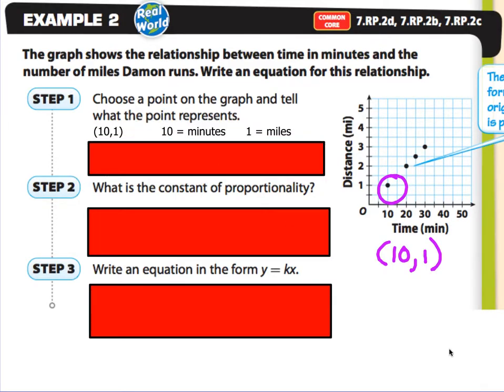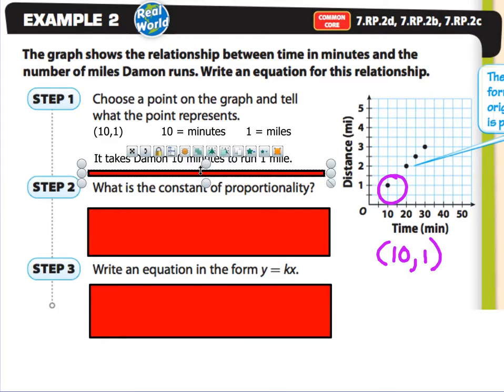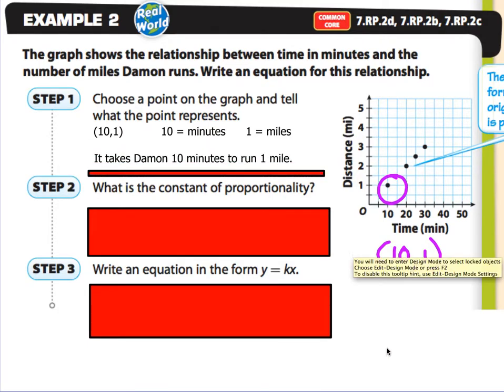So here I know that 10 is labeled minutes and 1 is labeled miles. So in 10 minutes, Damon can run 1 mile. That's what that point represents: it takes Damon 10 minutes to run 1 mile.